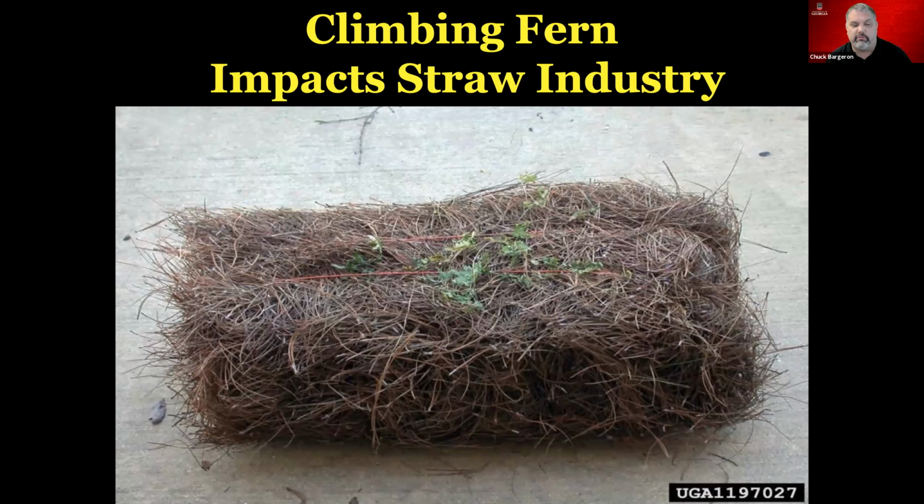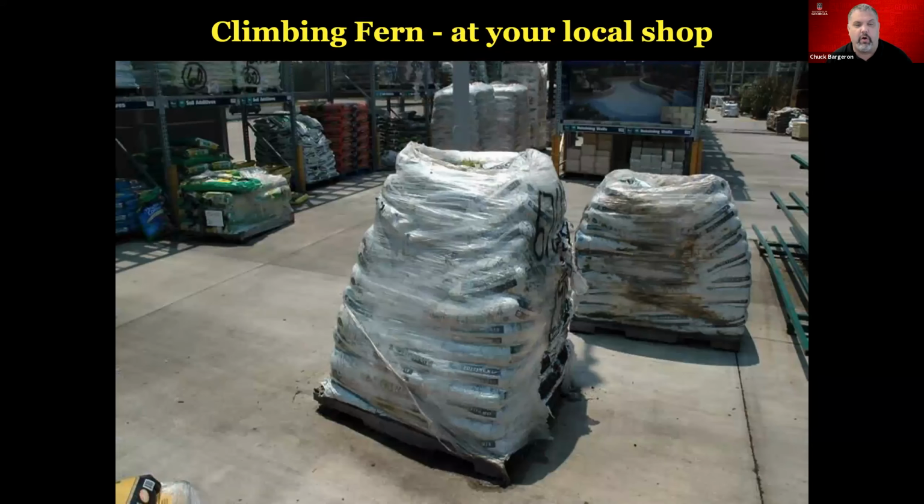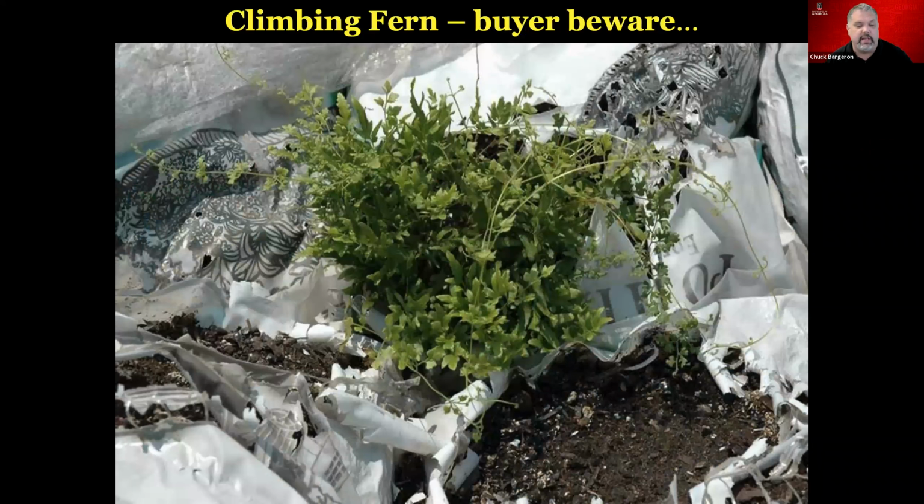And where it really can be a problem is in contaminating other things, whether it's pine straw, contaminating and getting spread by pine straw, or in this case, some dirt that was sold in bags to fill in.